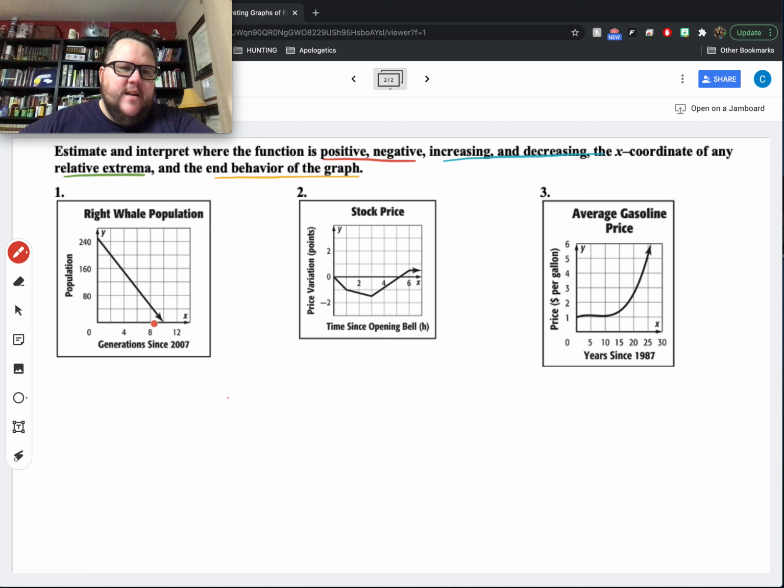So positive or negative. This graph is always positive. It never goes below. Even though it looks like it's going down, it does not go below zero. You can't have negative whales. But this is not a good thing. This is the right whale population going extinct.